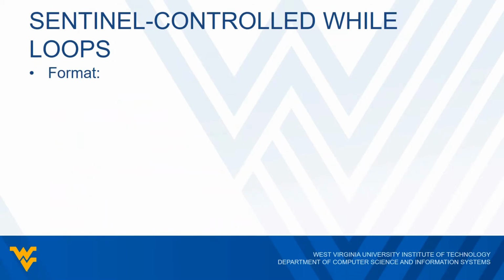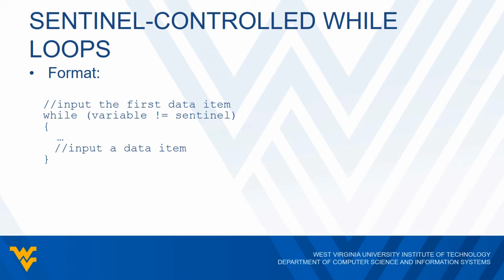Let's take a look at the format of a sentinel-controlled while loop. It looks something like this, which is pretty similar to what we've seen before. We still have a loop control variable, except instead of initializing it to 0, we set it to whatever our first data item is. So we would do something like nextInt or next or whatever, and we store that value in our variable. And then the difference is in the condition of our while loop right here.